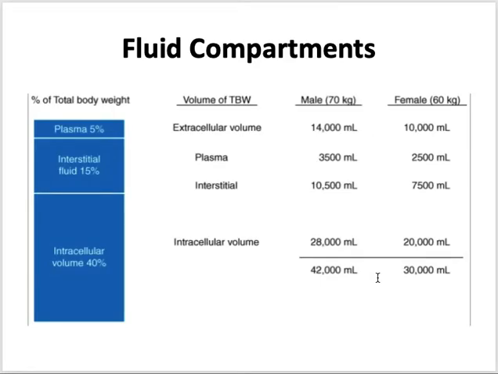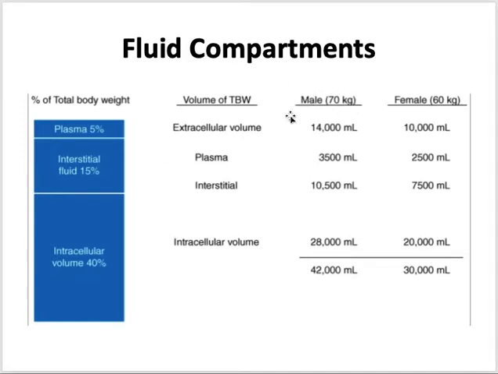This one talks about the percentage of total body weight. We divide it into intracellular fluid and extracellular fluid. The intracellular fluid is around 40% of body weight, whereas the extracellular is around 20%, and out of that 20%, 5% is plasma whereas 15% is interstitial fluid.